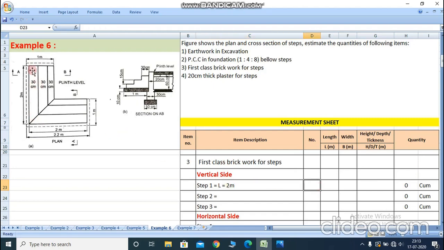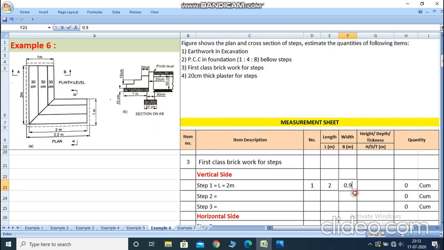So here a single step is given in the vertical side. So write here 1, length is 2 meter already given in the plan, and width is 0.3 plus 0.3 plus 0.3. So 30 centimeter, all the dimensions are in centimeter, now converted to meter. So 0.3 plus 0.3 plus 0.3 is 0.9. So we put here 0.9 meter width, because this portion is constructed first and then after that another portion is constructed.